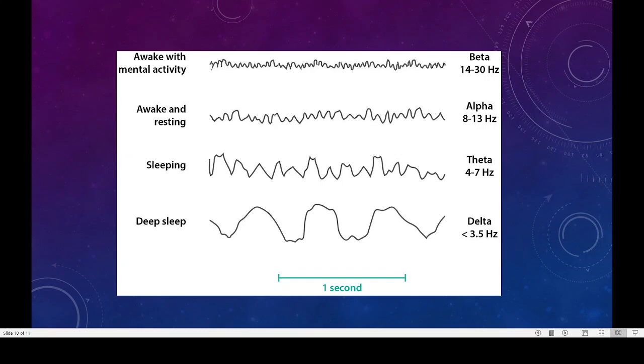When a person is in theta waves, most of the time people may be having some kind of dreams or mental imagery. So theta waves are the time when a person is dreaming, and during a deep sleep people will not be dreaming.